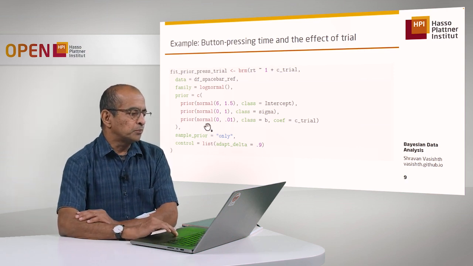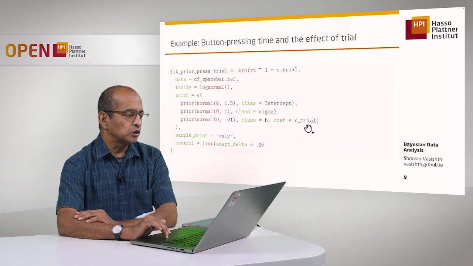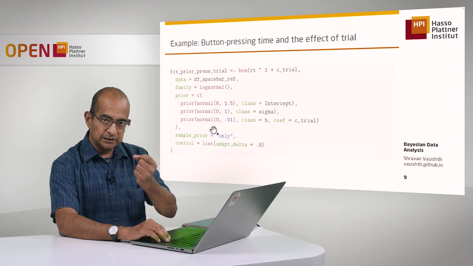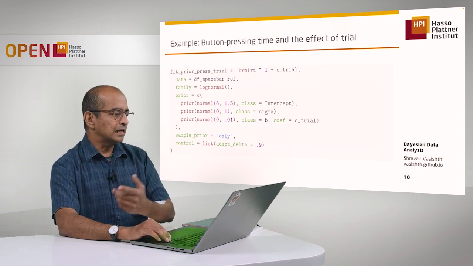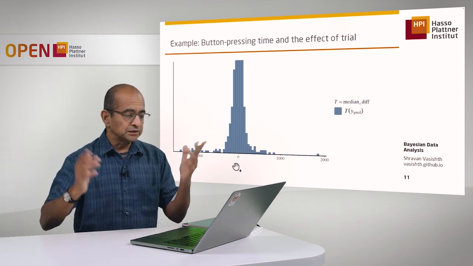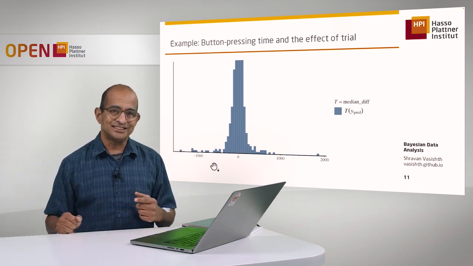So what I've now done is I've refit the model, and this time I've used a more informative prior for the slope parameter. Everything else is the same. I haven't changed anything else. I've just made a minimal change to this model, and then I can examine the distribution of the median differences that I showed you earlier, and now it's much more reasonable.